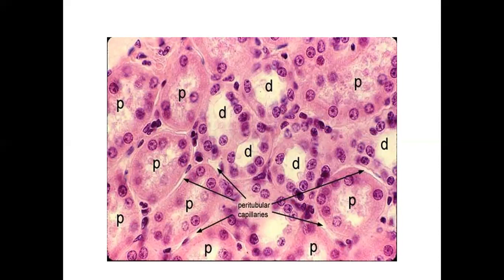In this particular micrograph, we are looking at the cortical part, and all the cross sections which have a D inside the lumen are representing the distal convoluted tubule. Their lumen is appearing wide, not filled.